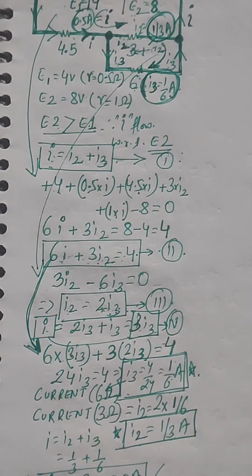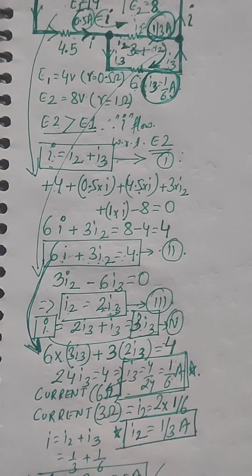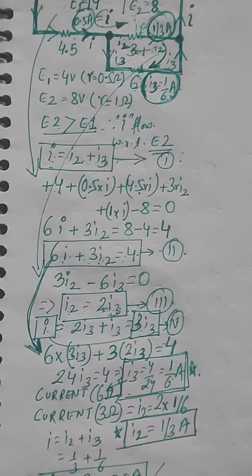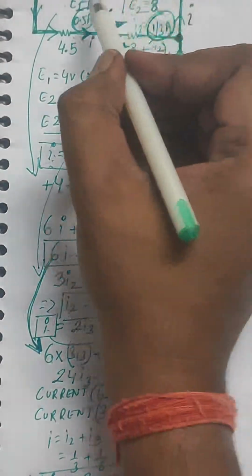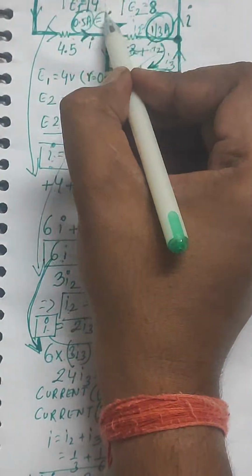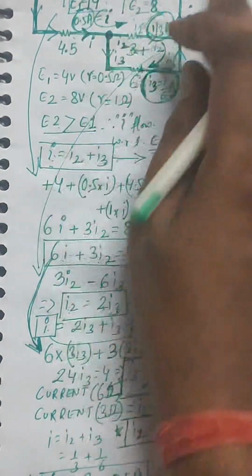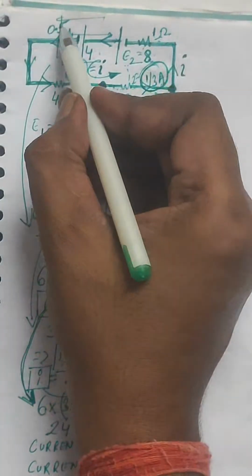Now let us come to the second part. Calculate the current in each resistor. After that, the potential difference across each cell. So students, for calculating the potential difference, you need to just take this value over here. You can see this value.